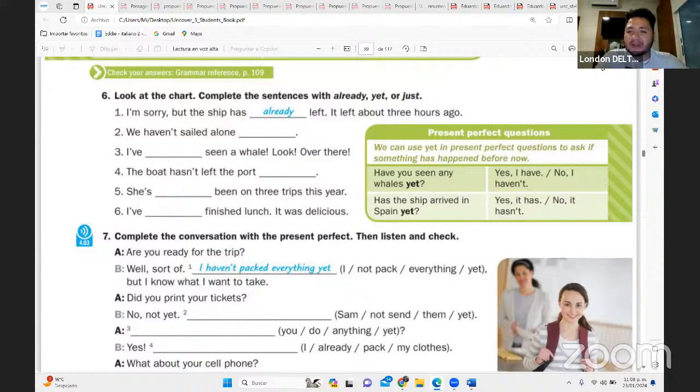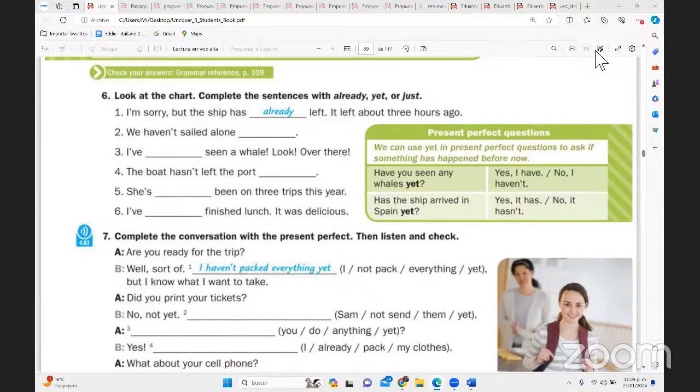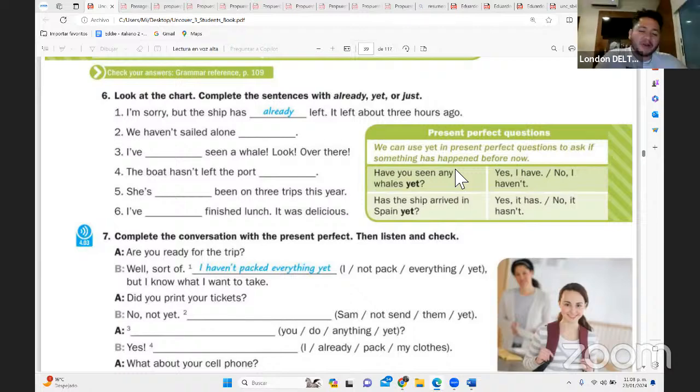Ok, ¿alguien nos falta que nos cuente alguna experiencia? Creo que Flor, ¿no? Sí, teacher. Tell us about an experience.